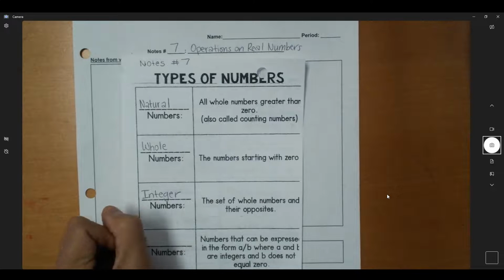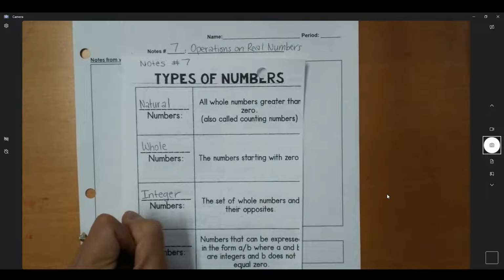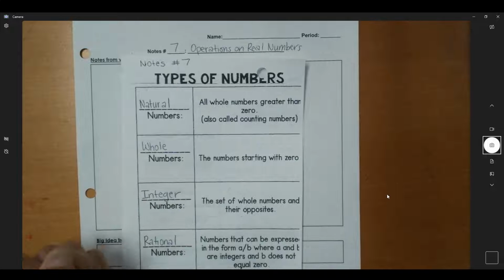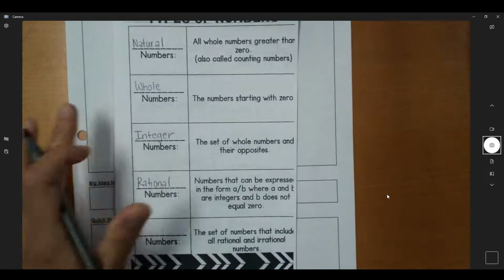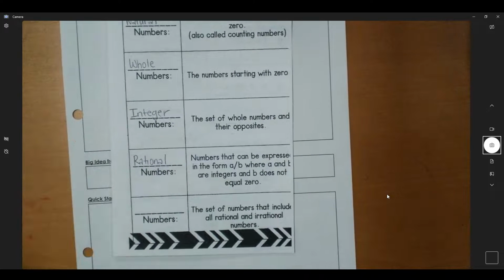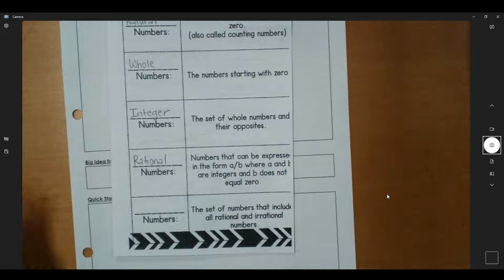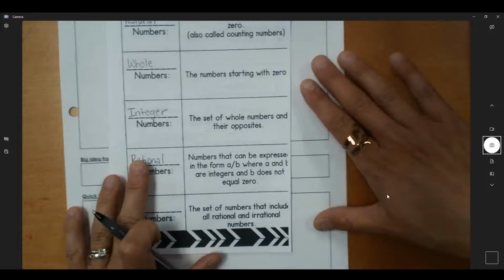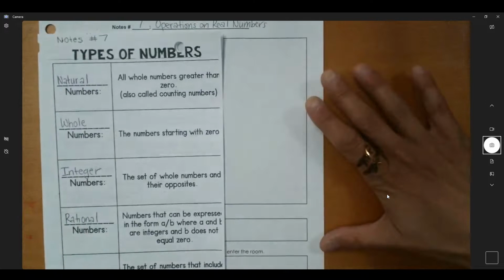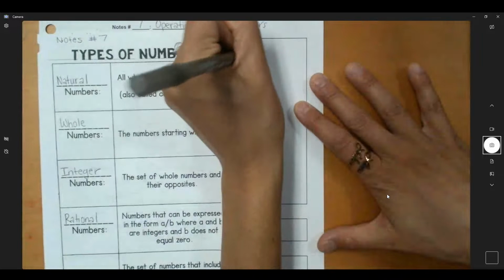And then rational numbers. This is one of the big things that we're talking about, operations on rational numbers and irrational numbers. So rational numbers can be expressed in the form of a over b. So ultimately, if it can be expressed as a fraction, then it's a rational number. Irrational is not on here, so I'm going to have you guys write it on the side, but that's the other thing that we talk about. So irrational.